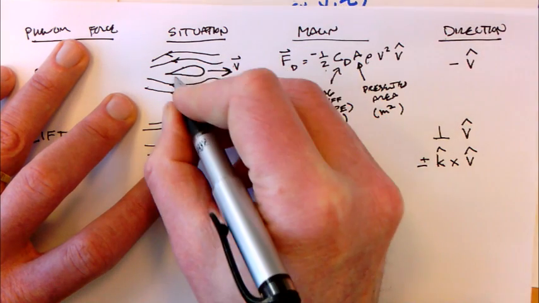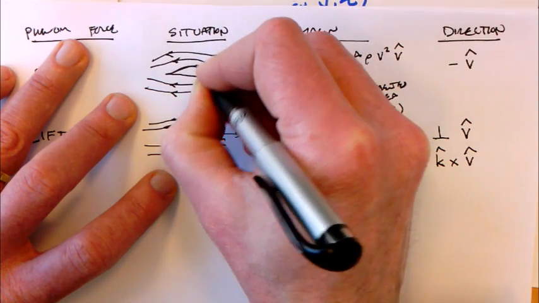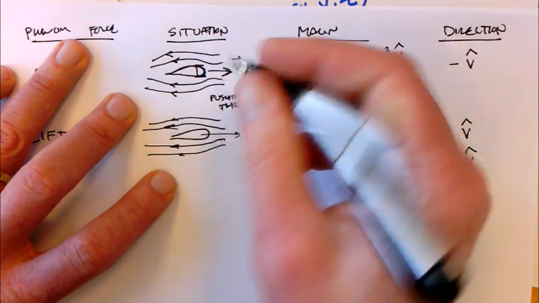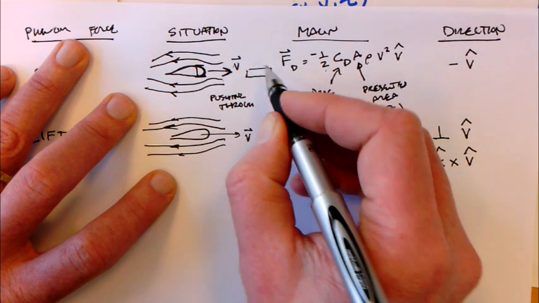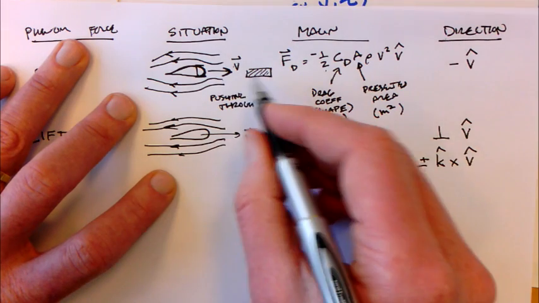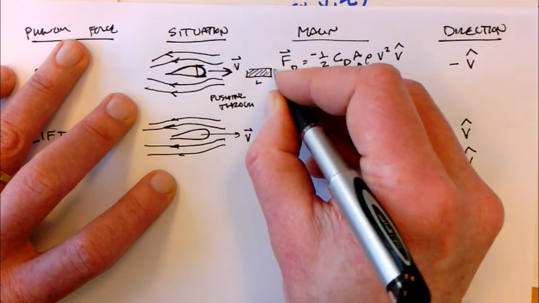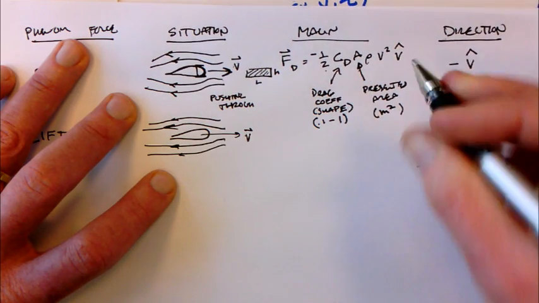So the area here is not this area, it's actually this area. If you think about looking at this wing head on, if I turned it head on, it would look something like that. And what you would see head on would be the area, right? So it's the length of the wing times the height of the wing in this particular case. So that's what you mean by the presented area.